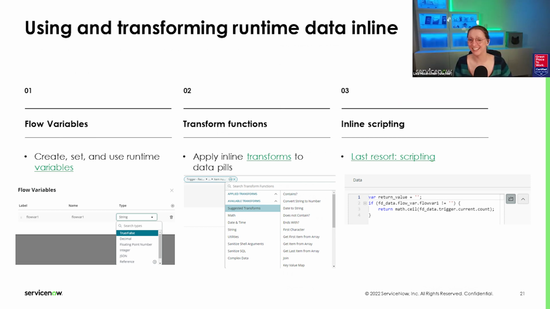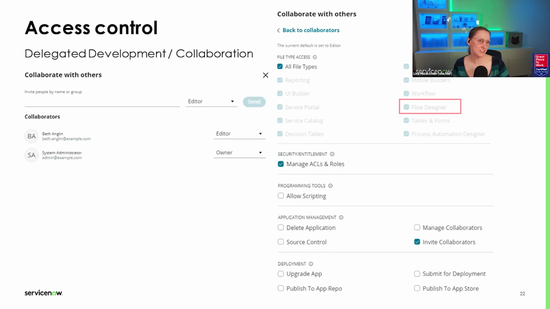Keep your sanity. All right, we talked about access control and guardrails before. Delegated development and the collaboration feature, as it is called in App Engine Studio, but it's also, of course, available in your Dev Studio, is an important part of this. You can decide for any of your scoped apps who would be the editors, the owners for those apps, but you can decide on a very granular level which access you grant to those delegated developers.